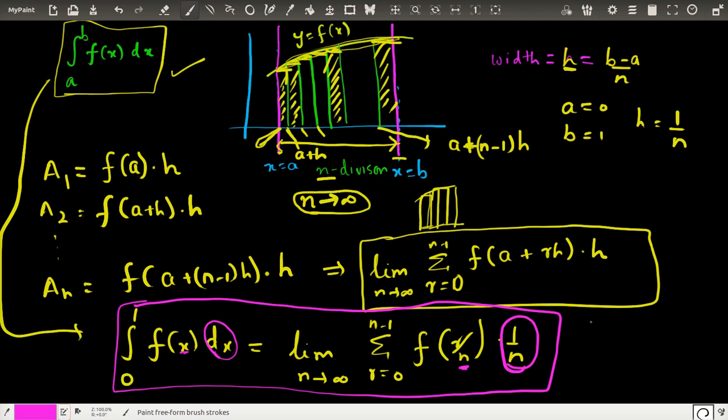So if we do two things, r by n we claim as x and 1 by n we say as dx, clearly we can convert a limit of a summation problem into a definite integration problem.